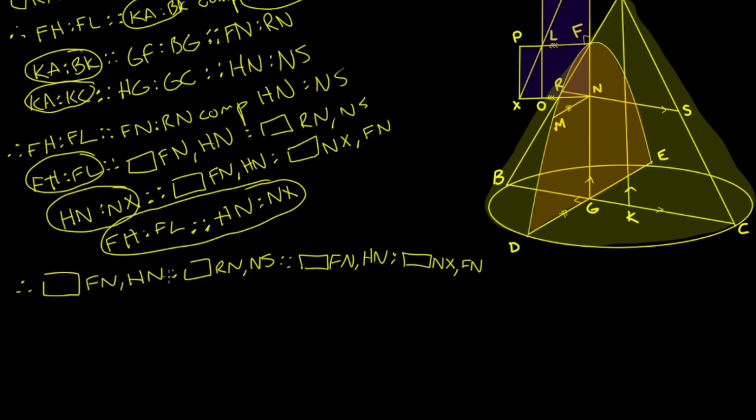Alright, so on this side over here we've got the term FN HN, and on this side over here we've got the term FN HN. So if things have the same ratio to the same thing, then they're equal.